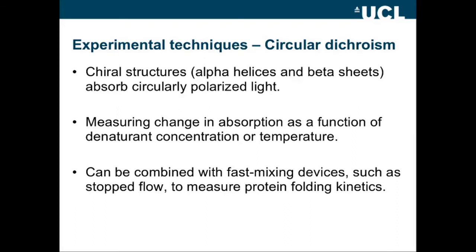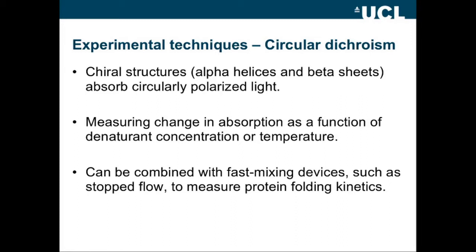We can also exploit CD, circular dichroism, and this is a technique where chiral structures such as alpha helices and beta strands absorb circularly polarized light. Measuring the change in the absorption of light as a function of the concentration of some denaturant or of the temperature allows us to see how much secondary structure is present.